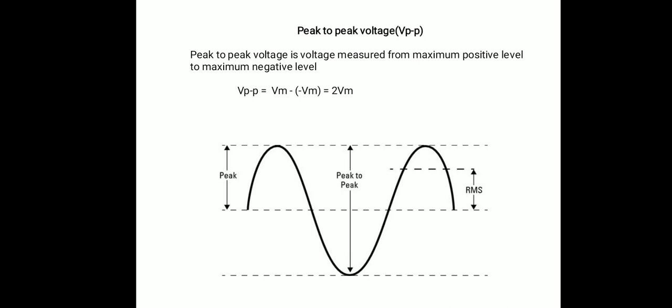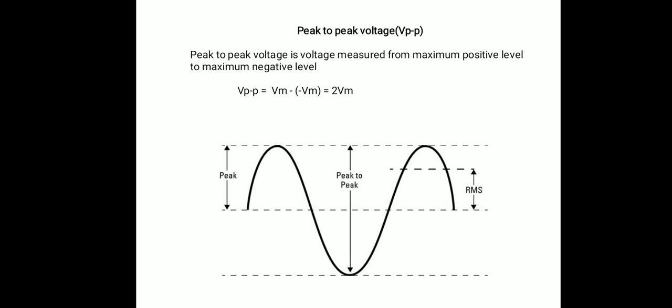Its notation is VPP, and its value is Vm minus minus Vm, which is equal to twice Vm. Vm is nothing but the amplitude. Amplitude is the voltage measured between the reference axis and its maximum positive value, or the reference axis and its maximum negative value, and peak to peak voltage is twice the amplitude.